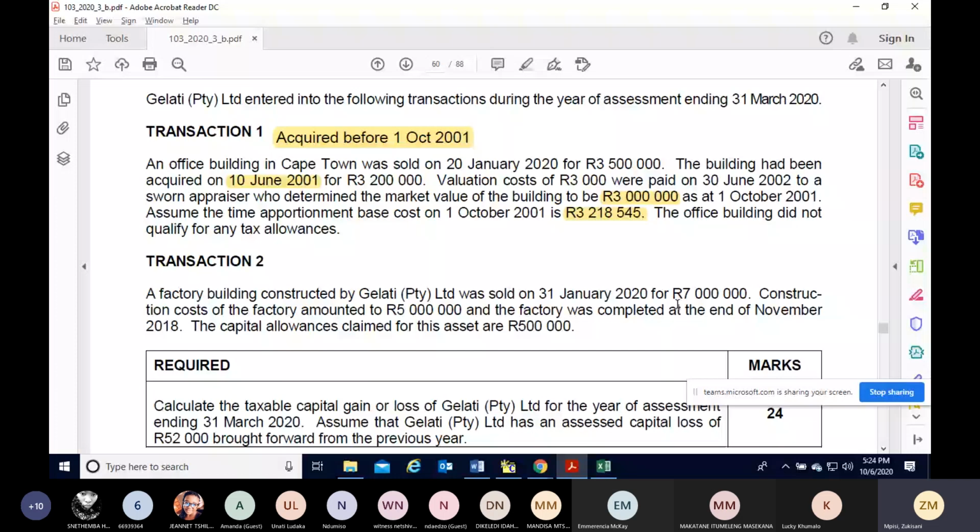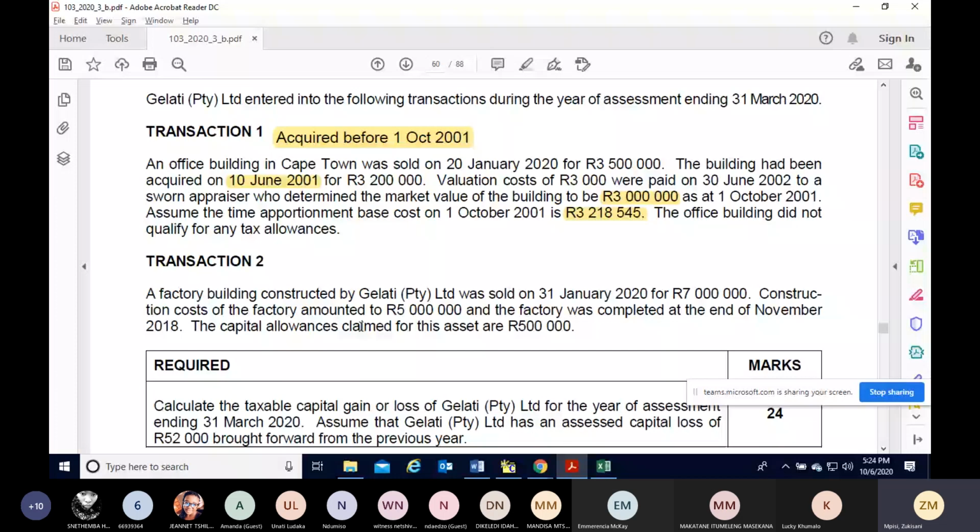Construction cost of the factory amounted to 5 million, and the factory was completed at the end of November 2018. The capital allowances claimed for this asset is 500,000.